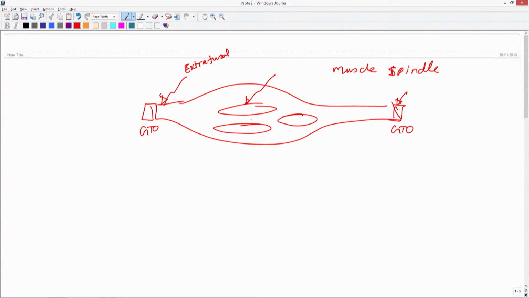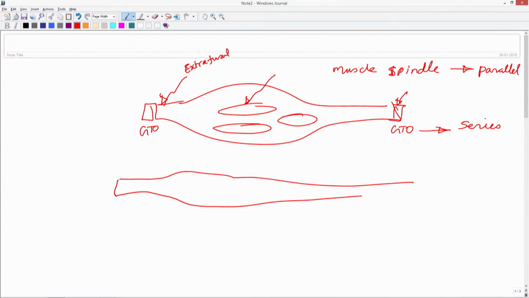If you see, this muscle spindle is connected to the muscle in parallel, whereas the GTO is connected to the muscle in series. Okay. So, when the muscle is elongated, let us say this is an elongated muscle, you can see that the spindle organ also gets elongated.